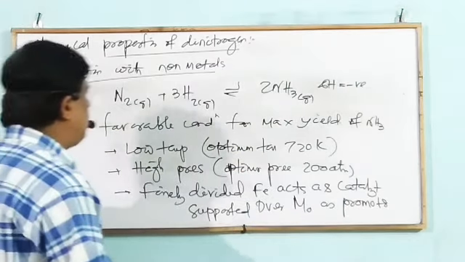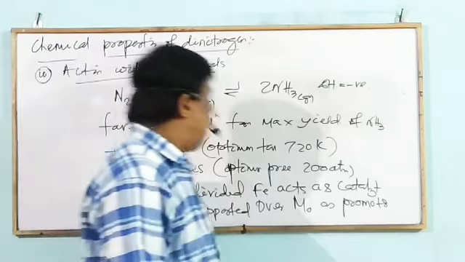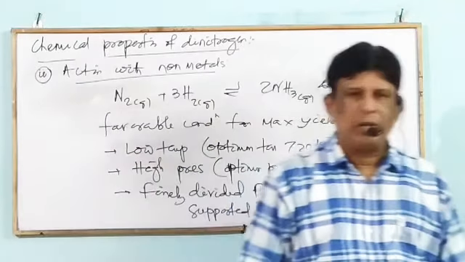These are the favorable conditions for maximum yield of ammonia by Haber's process.